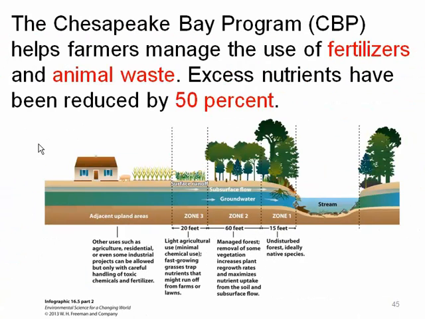One of the major goals, as we noted of the Chesapeake Bay situation, was to reduce the amount of nutrient loading, and the Chesapeake Bay program has focused on trying to educate farmers in the use and application of fertilizers and the maintenance of animal waste from feedlots and other forms of animal holding facilities.